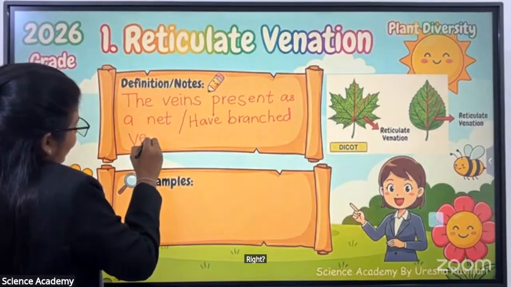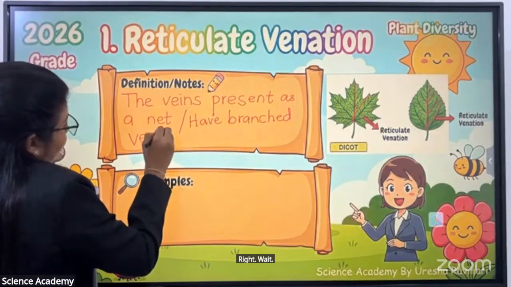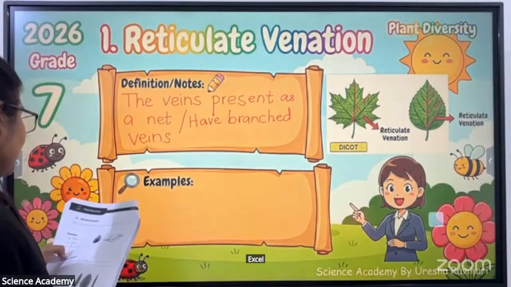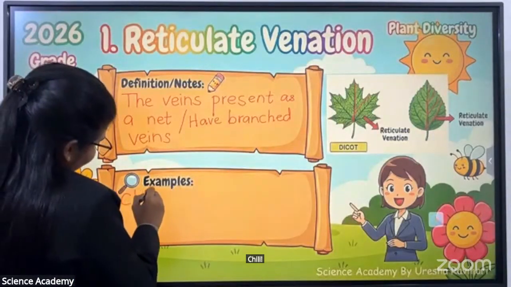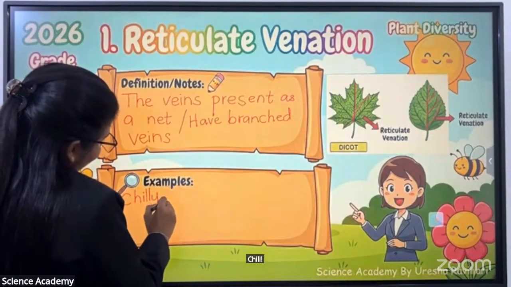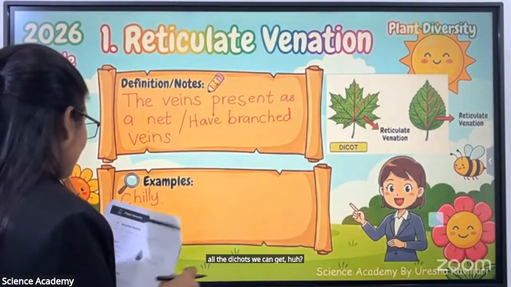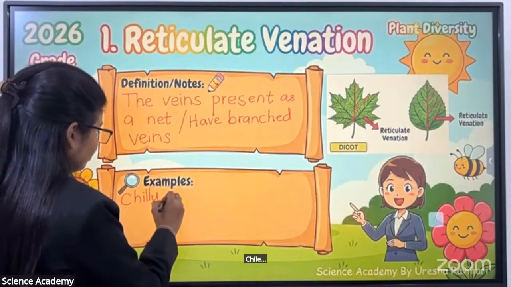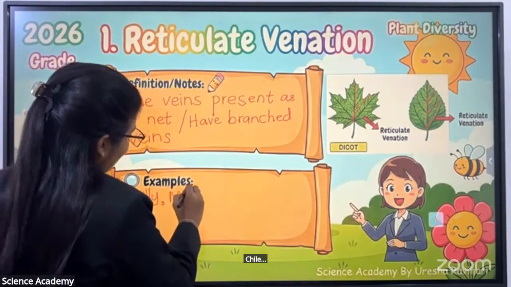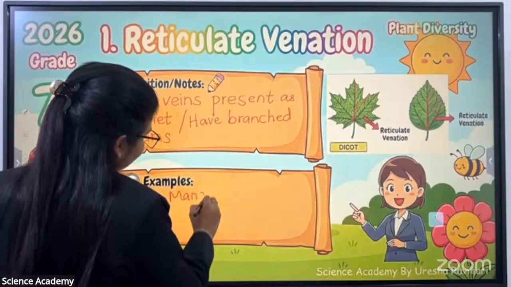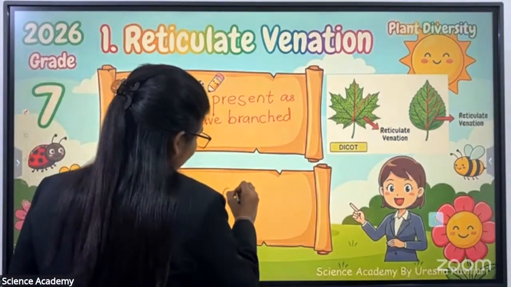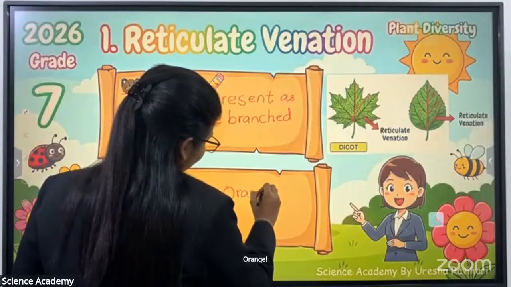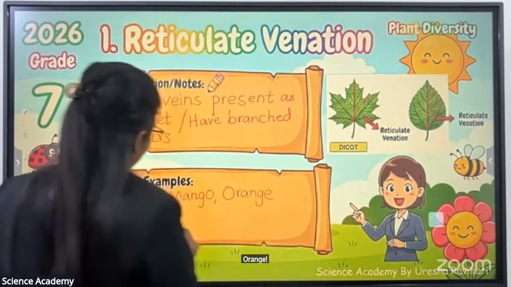Branched veins. Examples I can write: chili. All the dicots we can get: chili, mango, orange, jack.